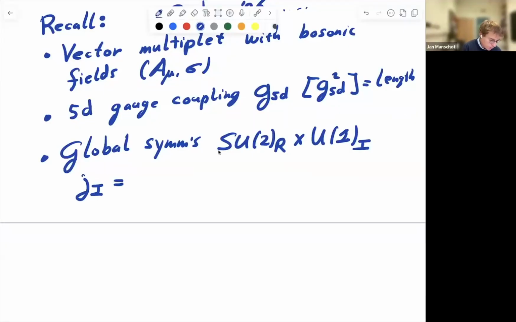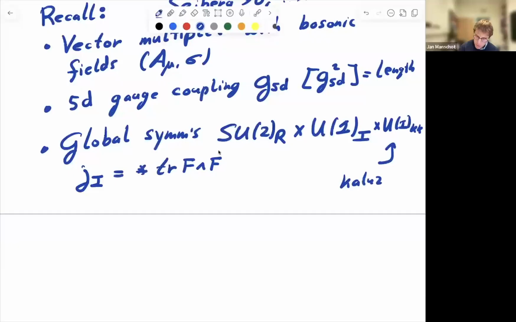So the current J_I is the star of trace of F wedge F. In addition, there's a Kaluza-Klein symmetry from the circle, U(1)_KK, but this won't play much of a role in the story here.